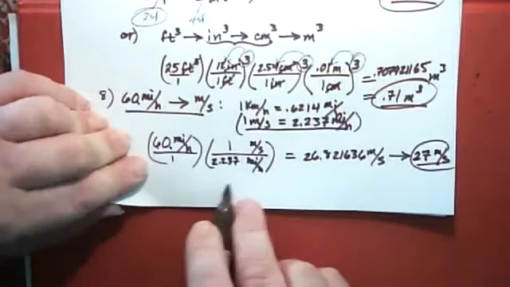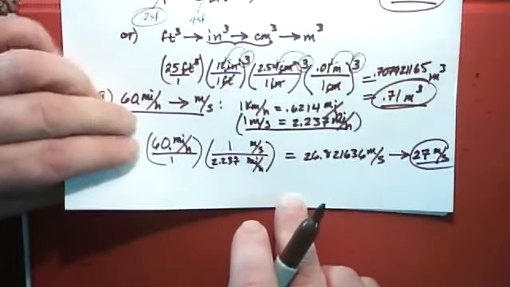Now again, as I said, it is fairly unusual to have a conversion factor sheet that has this many conversion factors on it. So you might have to convert the top and bottom units separately.